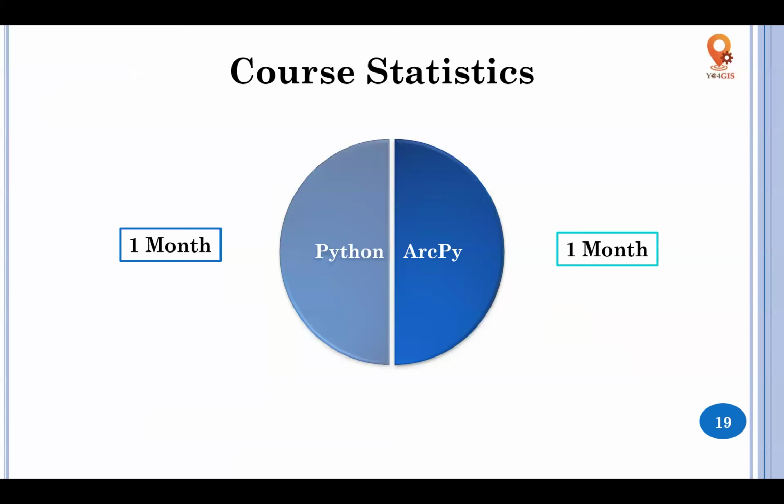What are the course statistics? Normally this course duration is 2 months, maybe 1 week extra. Normally we extend the course by 1 or 2 weeks, not because of any other reason.